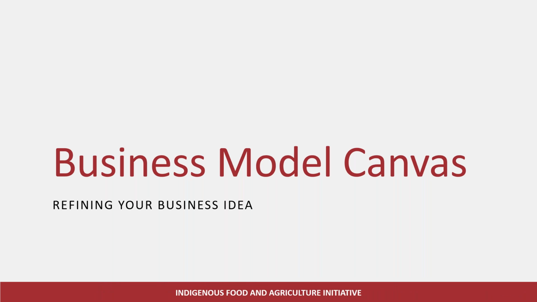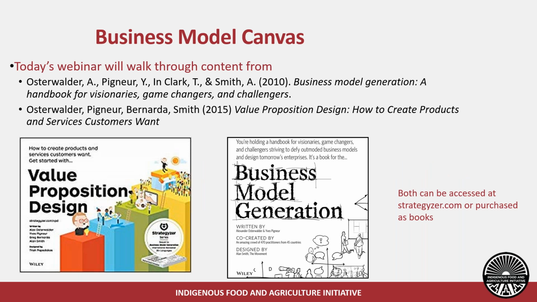So going into the business model canvas, this is a really popular tool that entrepreneurs all over the country and the world use to really refine their business idea. It comes from these two books, both authored by Osterwalder and Pigneur. The Business Model Generation is a larger book with the Business Model Canvas as one chapter of it.